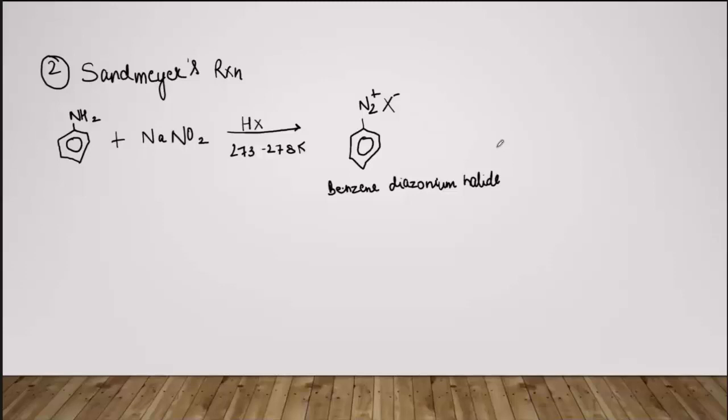So what we do here is that amine is dissolved in an acid. This acid is HX, a mineral acid, and then it is treated with sodium nitrite. And the product that we are getting is a diazonium salt. But this is only the first step because still we have not got the haloarene. The first step is common for chlorine, bromine and iodine, but the second step is different for these species.